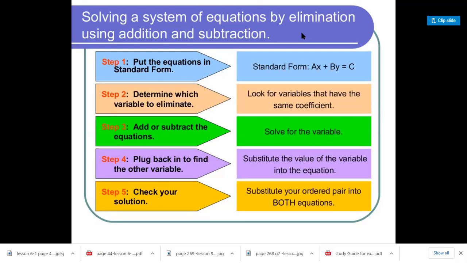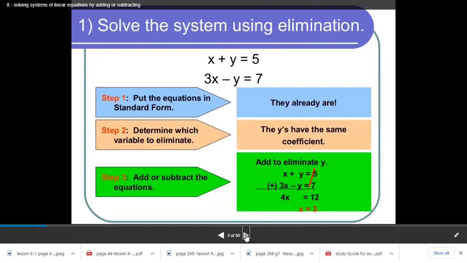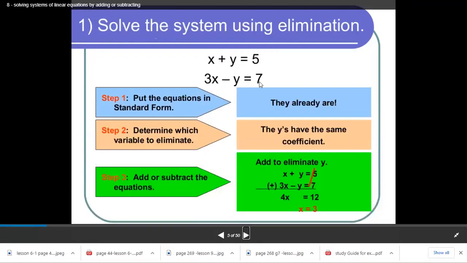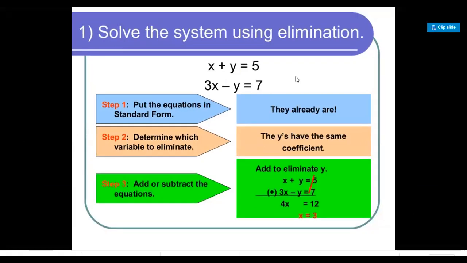Look back to find the other variable, and then we will check the solution. So these are the 5 main steps which we're looking for. In this question, x plus 3y.